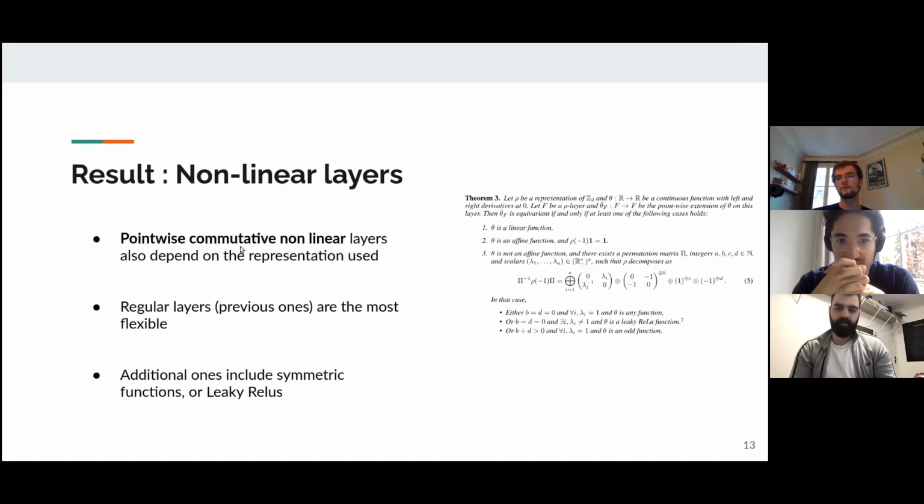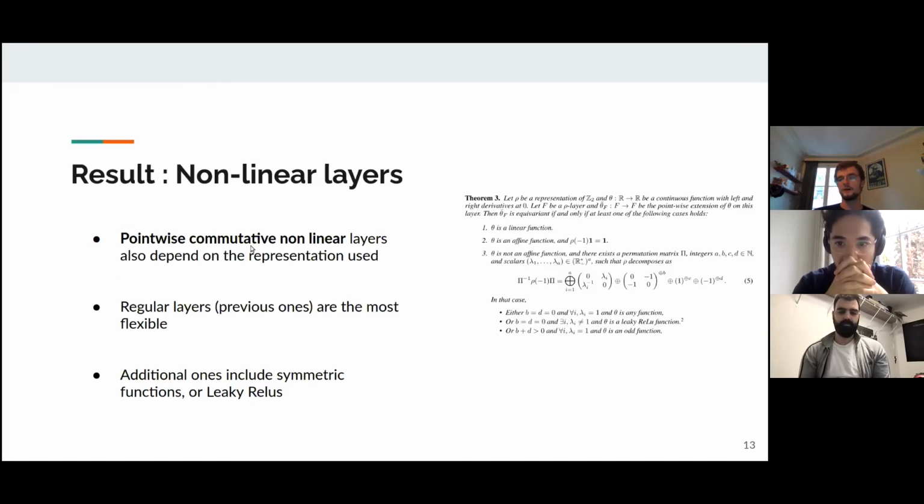Pointwise nonlinearities are the usual ones, for instance ReLUs, sigmoids, tanh, which you always apply pointwise. And what we mean by commutative is that, given a group action on the intermediate feature space, what we describe are the cases when these pointwise nonlinear activations commute with this group action.